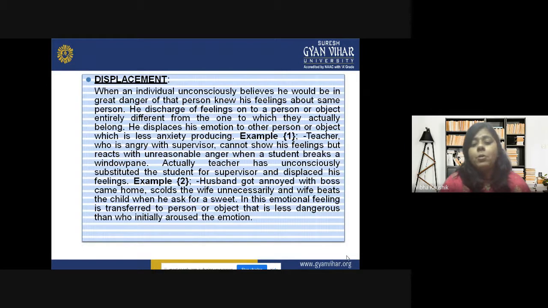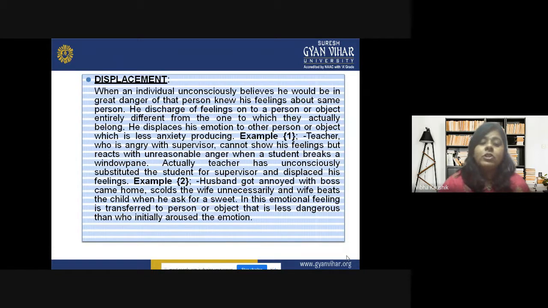Now, example two: a husband gets annoyed with his boss. After coming home, he scolds his wife unnecessarily. And the wife beats the child when the child asks for a sweet.